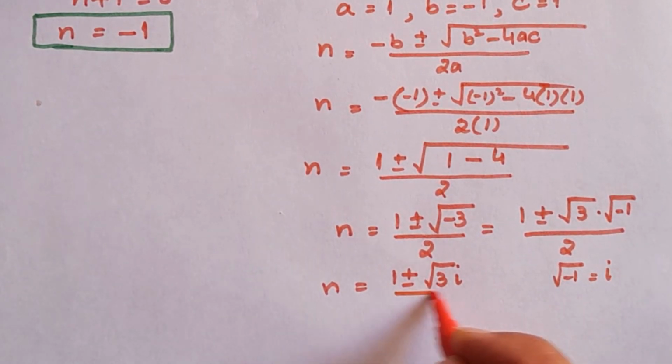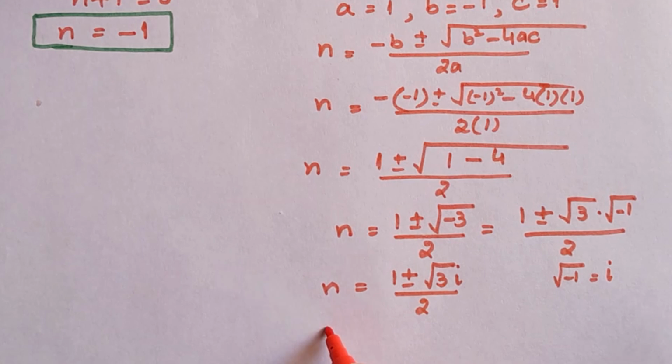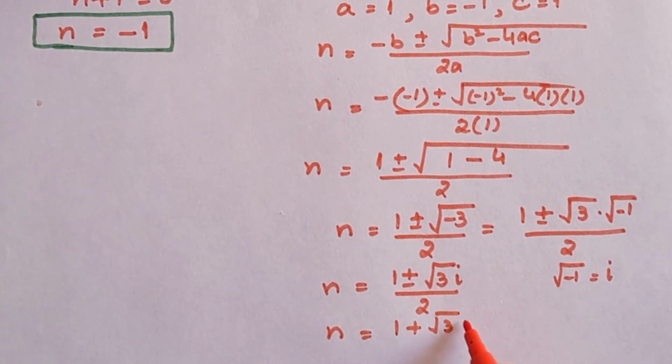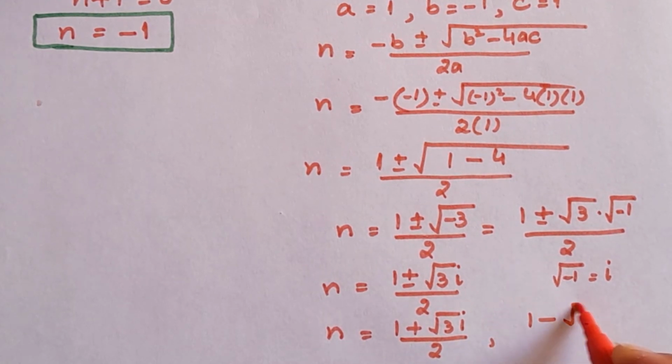So we are going to replace this by iota. n is equal to 1 plus root 3 iota divided by 2 and the other value is 1 minus root 3 iota divided by 2.